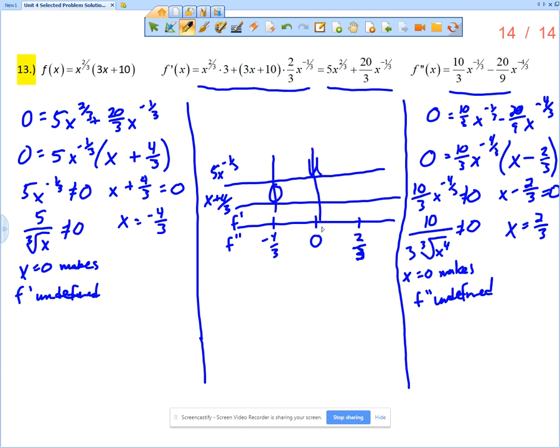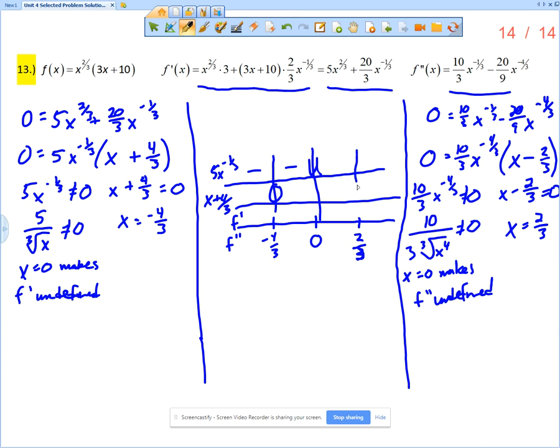Now I have those intervals. Pick a number to the left of 0, how about negative 1? 5 times negative 1 to the negative 1/3. Keep in mind, the negative 1/3 power means 5 over the cube root of x. So 5 over the cube root of negative 1 is negative, because the cube root of negative 1 is negative 1. For the number to the right, how about positive 1?